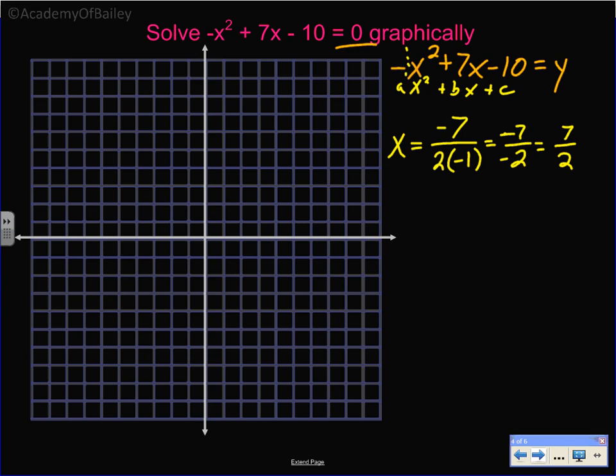Well, in that case, if that's a positive 7/2, let's go ahead and plug it back into the function. Plug it back into here. So we're going to have negative, and x is 7/2, we're squaring that, plus 7 times 7/2 minus 10, and that's going to be equal to y.